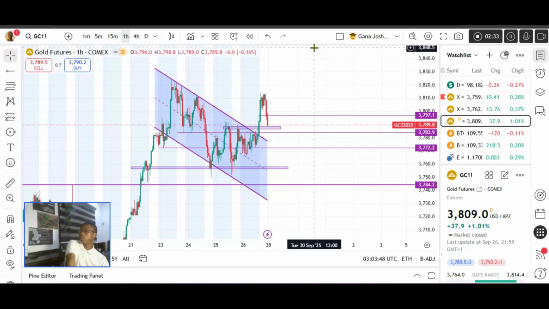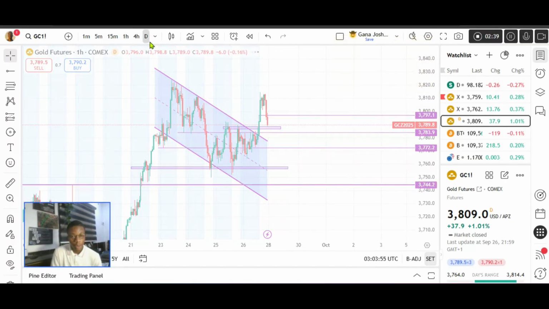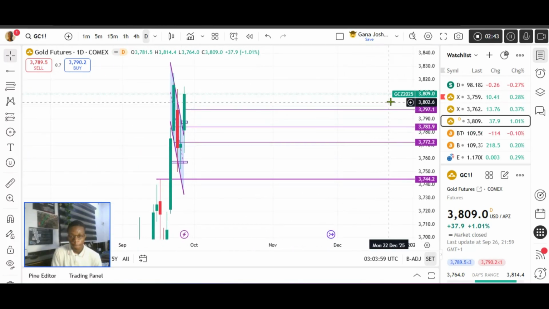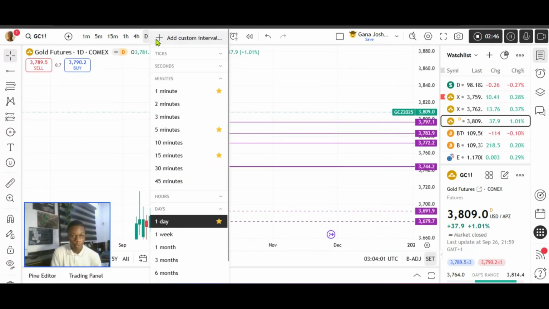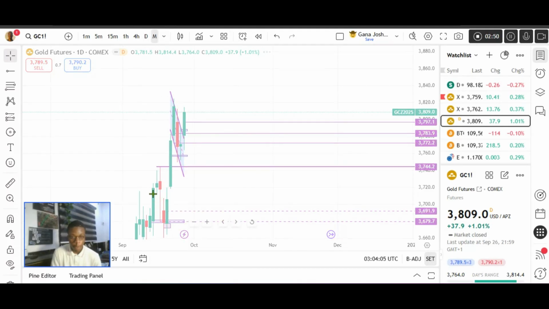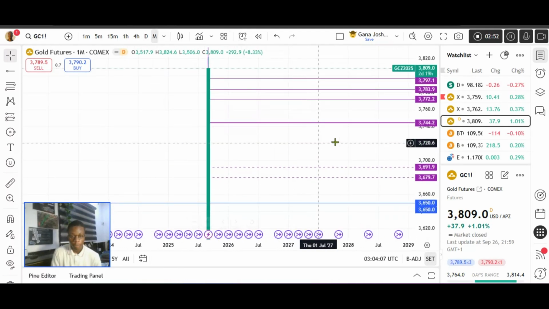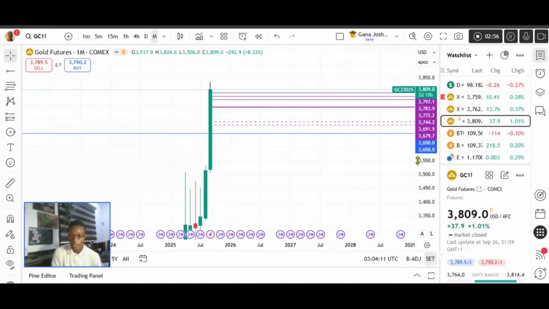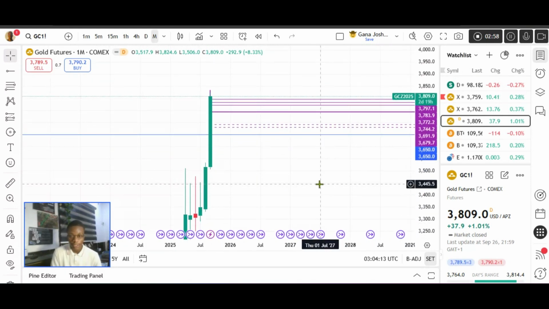So we're going to be looking at this from even the monthly time frame, weekly, monthly. How is this month going to end?